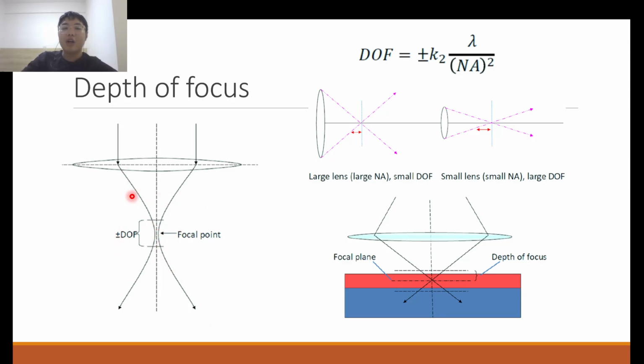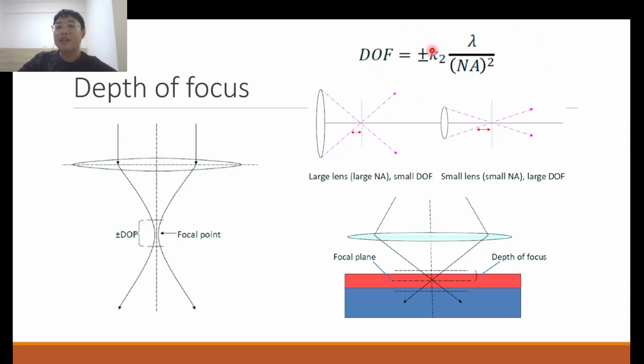And if you go very far on top, the beam hasn't converged yet, so your image is also not in focus. So in a certain region over here, we can define an acceptable amount of focus, and the depth at which the image still fits our requirement of being in focus is called the depth of focus. It's a plus minus, above and below the focal point.